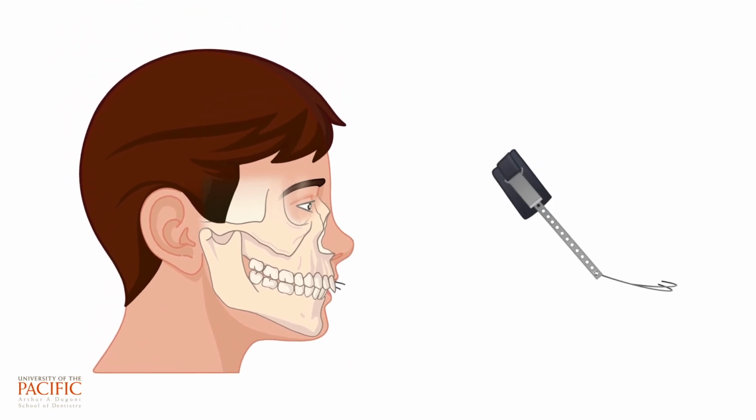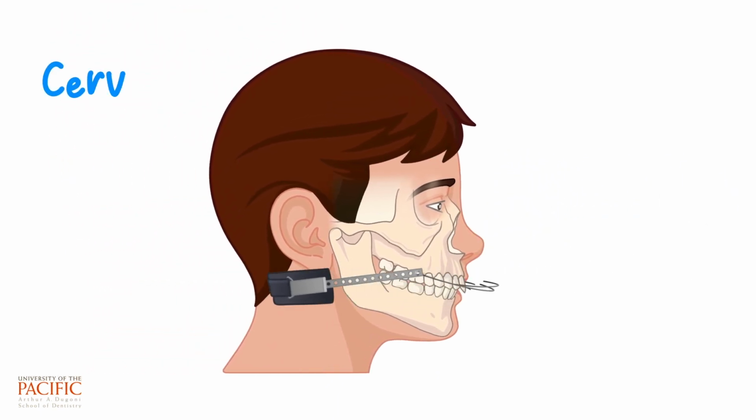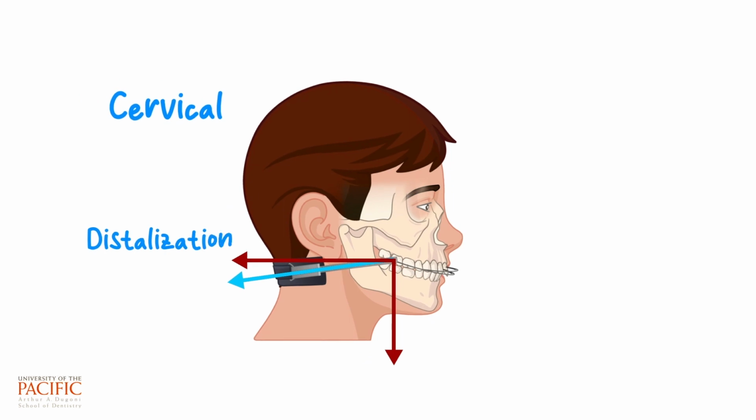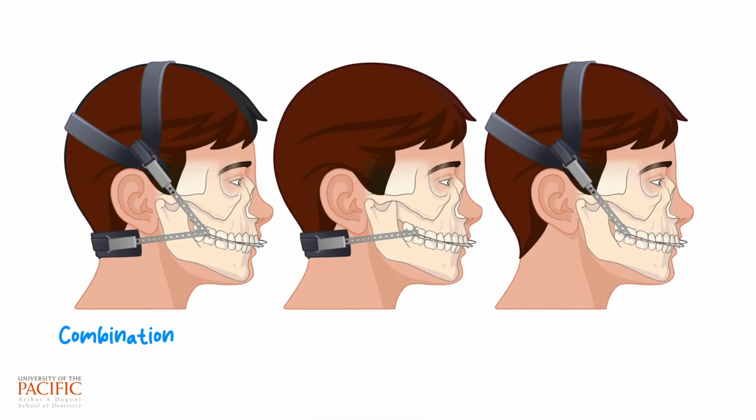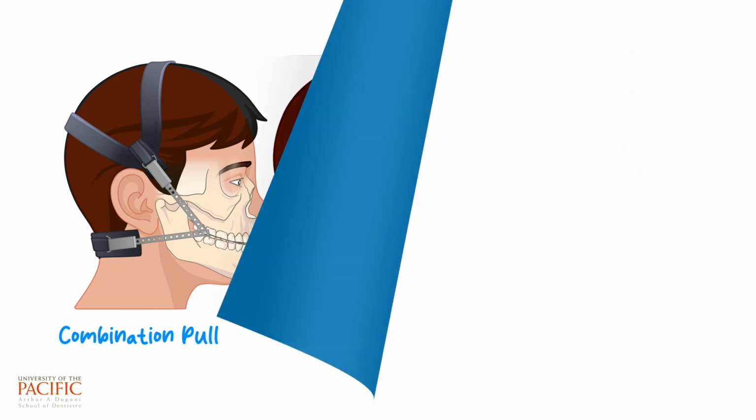Cervical pull headgear exerts force that results in extrusion, bringing the molars downward. These various headgear types offer orthodontic professionals the ability to target specific movements of the maxillary molars based on the desired treatment objectives.